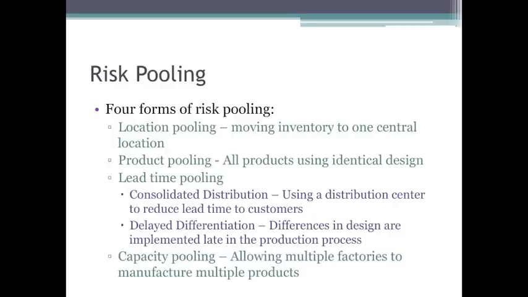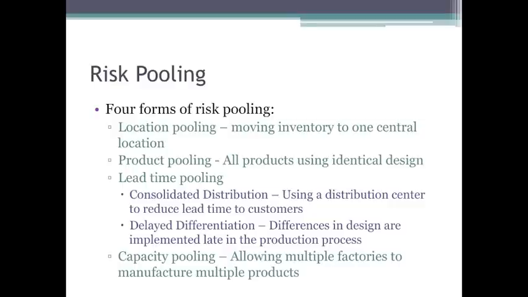In the same way, delayed differentiation is a light form of product pooling. In this case, we still have the separate products, but they're not separate until the very end of the production process. Thus, we can hold this combined inventory as one until we need to separate it out into these different products. And then we have capacity pooling.